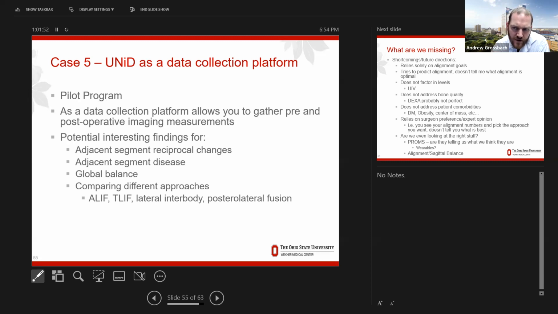You got more lordosis at the index level and a reciprocal kyphosis above. So overall, globally, same. Where that lordosis was different is whether they need to hyperlordose their adjacent level, or whether that adjacent level is allowed to actually kyphose a little bit. So once we get out to 5-year data, 5-year outcomes, we'd really like to look at whether that influences adjacent level disease, if we can see a difference.